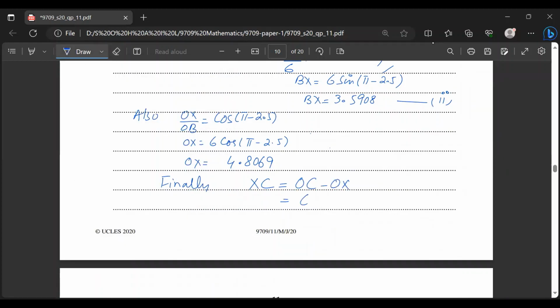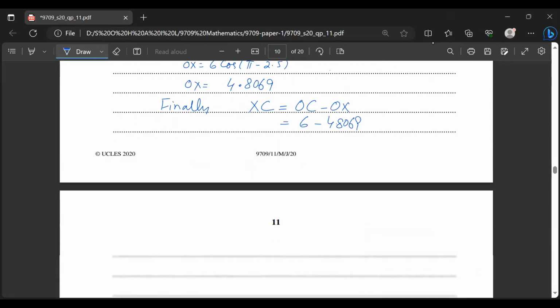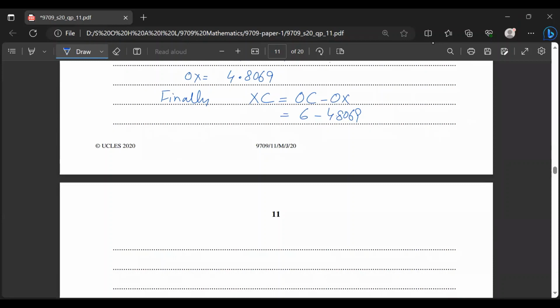OC is the radius, which is 6, and OX is 4.8069. So 6 minus 4.8069 gives XC equals 1.1931.